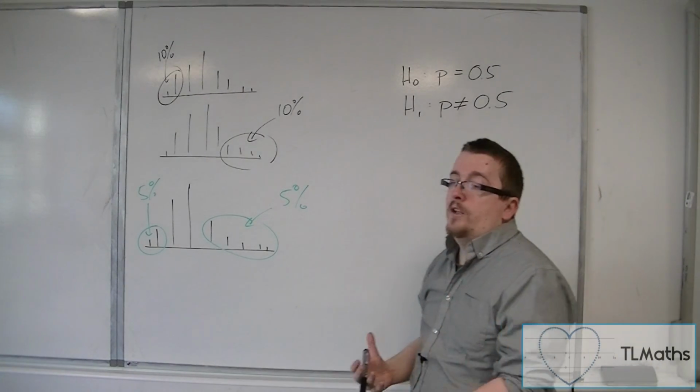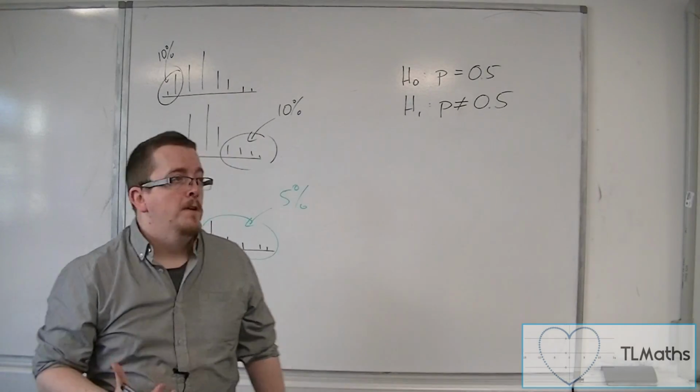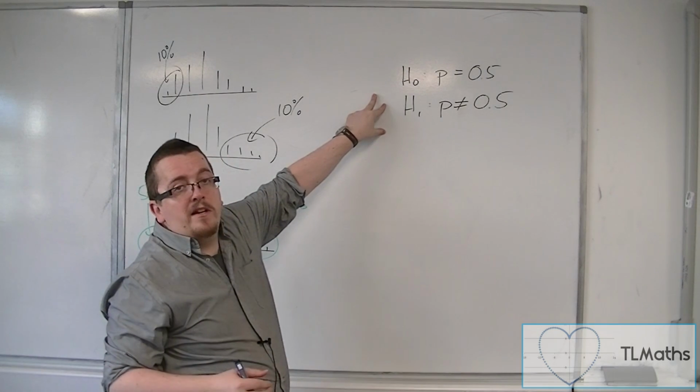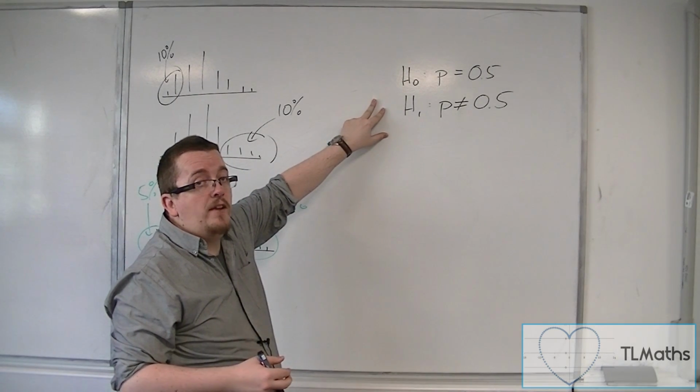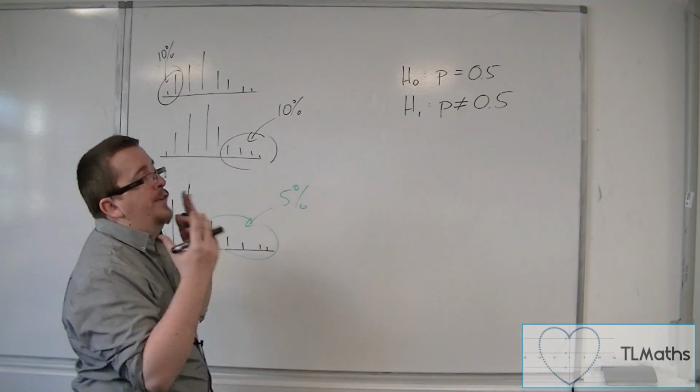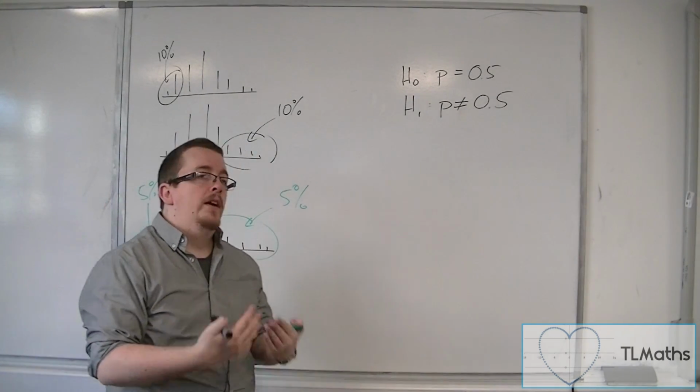We think it's not equal to 0.5. And this is the situation that we're going to be looking at in the next few videos, and trying to determine how this is going to influence the process that we go through.